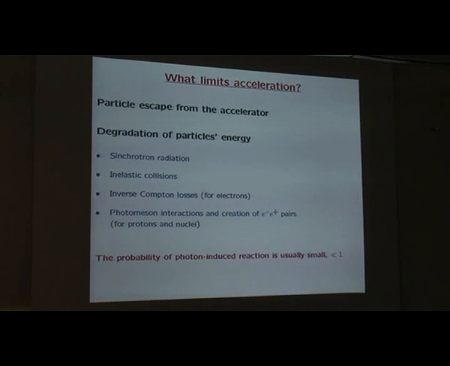And usually we ignore these processes since we are interested in acceleration. We ignore all the loss processes, just because it seems that they are obviously an obstacle to acceleration. So if there are no losses, acceleration is better.